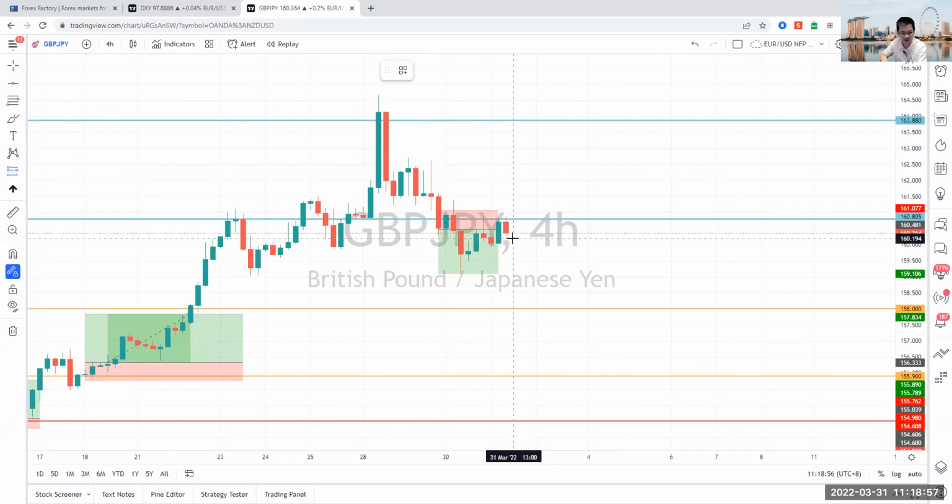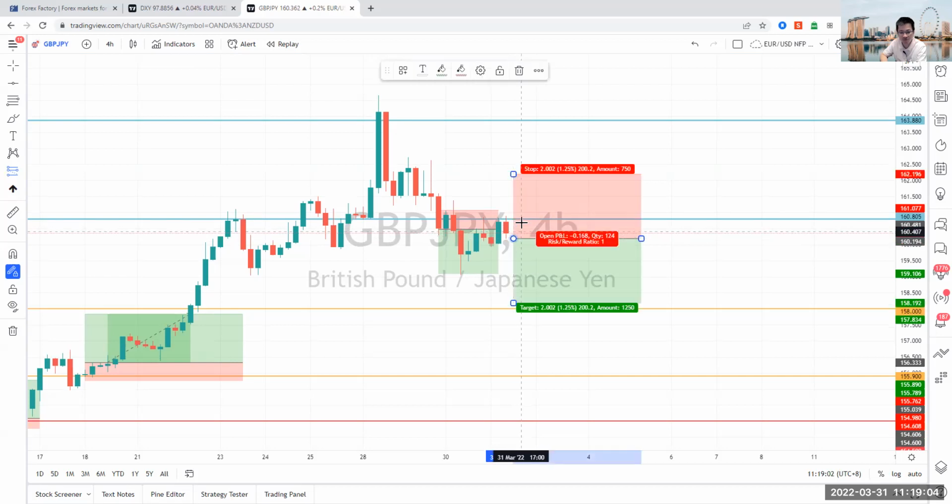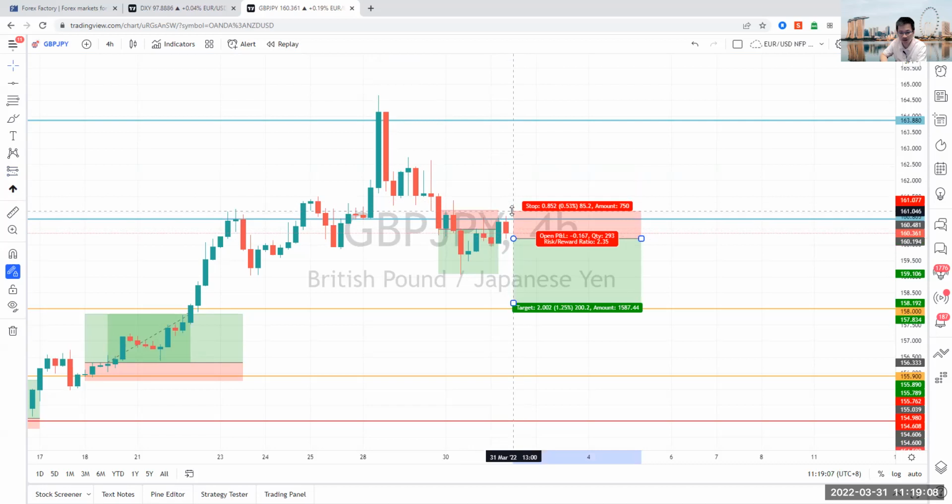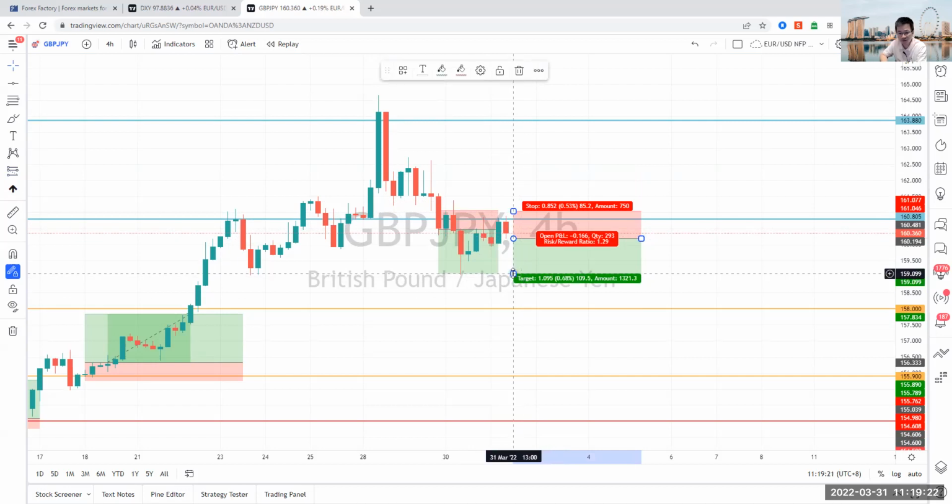I'll give it a bit more space and say that at about 160.19. So if it came down below this current candle, 160.19, again, about an 85 pip stop loss. This is quite a big stop loss. You would have your immediate take profit at about 110 pips towards the downside.